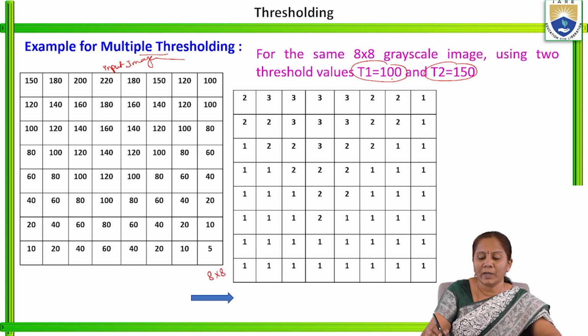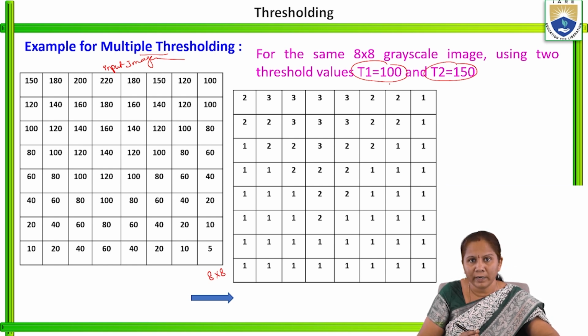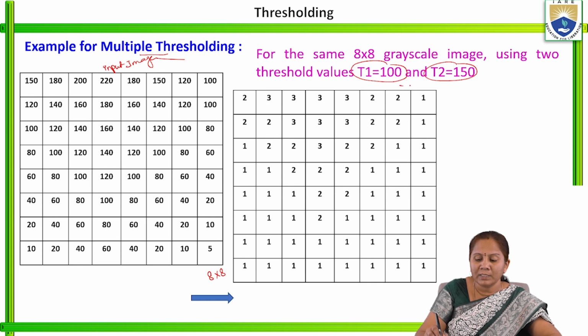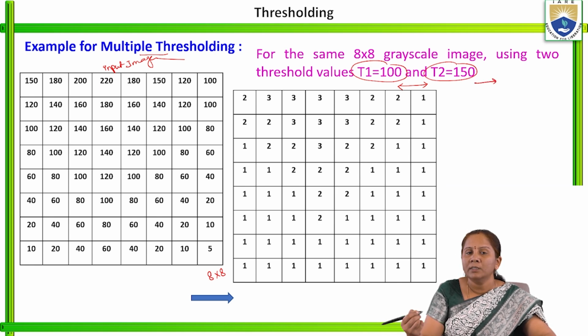When the pixel intensity value is compared with 100, if it lies below 100, denote it with one notation. If the intensity value lies between T1 and T2, indicate it with another value. If the pixel intensity is above T2, 150, then indicate it with some other notation.